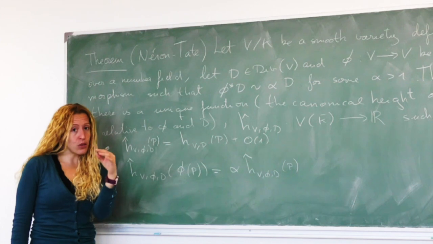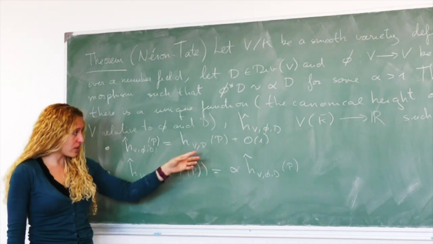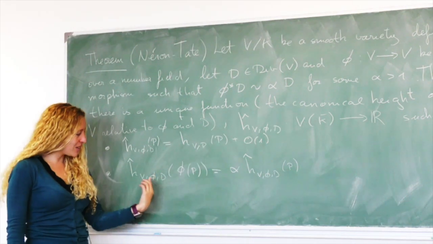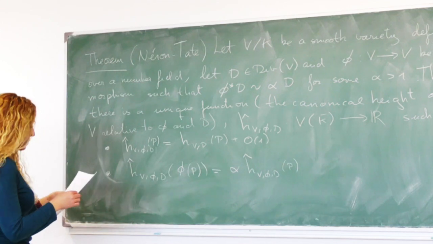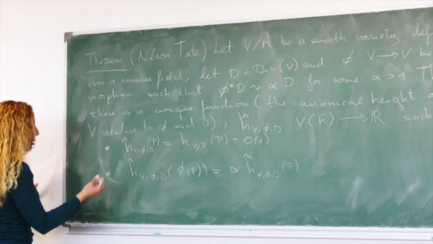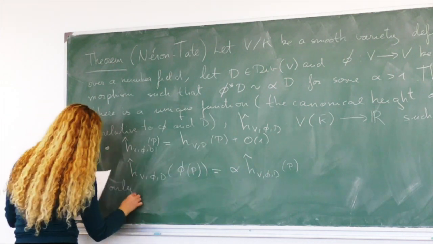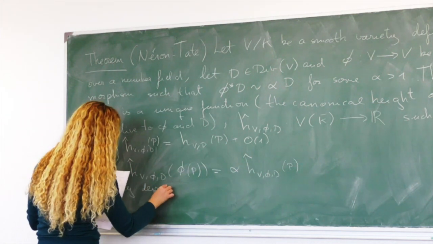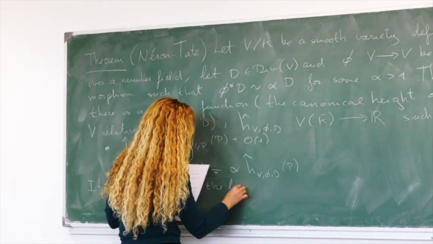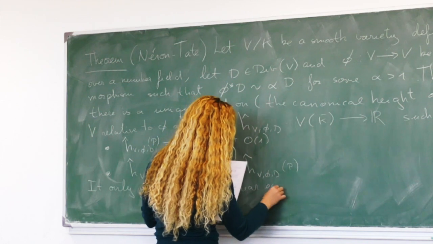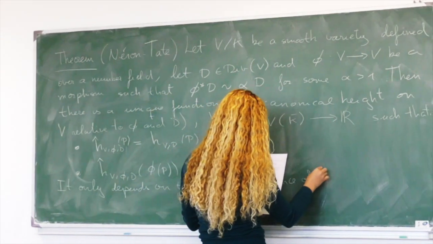So what we are doing is to fix somehow the constant to make a unique choice of that height such that this property is happening. Okay? And the nice thing about this definition is that now it only depends on the linear equivalence of D.